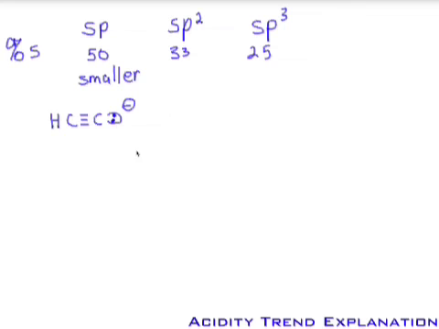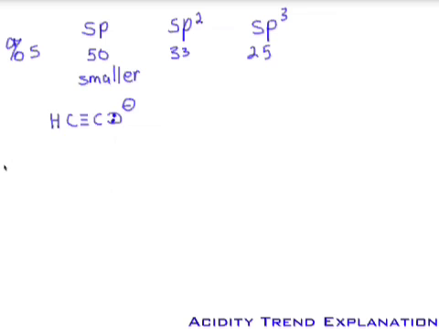In the case of alkene, you'll be in the sp² orbital. In the case of alkyne, you'll be in the sp. But the sp orbital is smaller. It's closer to the nucleus. This is akin to being more electronegative. Why? Well, what do more electronegative atoms do? They pull harder on electrons. They hold electrons closer. Closer to what? Well, closer to the nucleus.